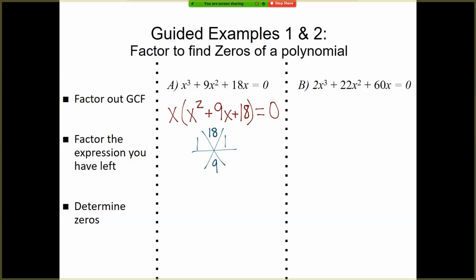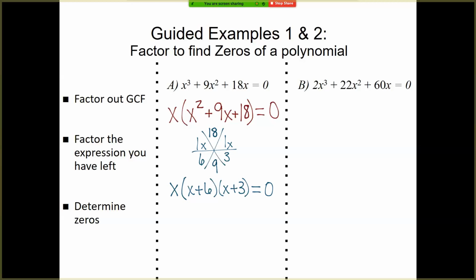So we're looking for two numbers that multiply to give us 18, but add to give us 9, positive 6, and positive 3. So now we have the greatest common factor, x still, and then we have factors, 1x plus 6 and 1x plus 3. So we've just taken that x squared plus 9x plus 18 and factored it a little bit further.